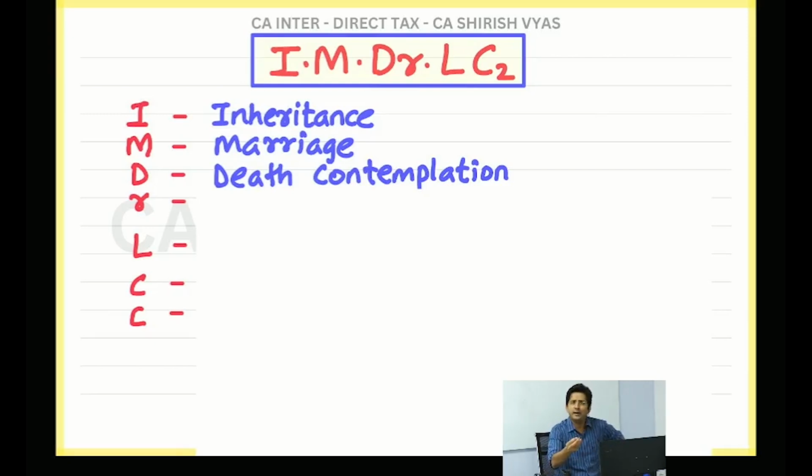You may live 1 day, 2 days, you may live a few hours. So this is called contemplating death. Contemplating means you are still alive, but you will soon die. And such people, they don't have any greed, desires, they forget everything because they know I am going to die.